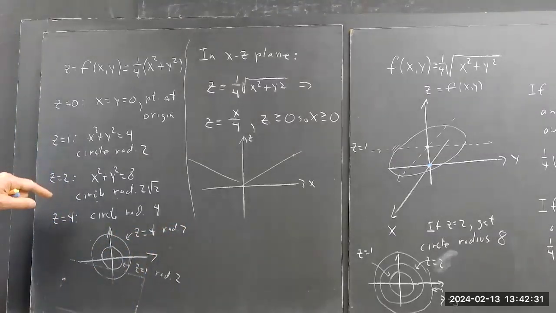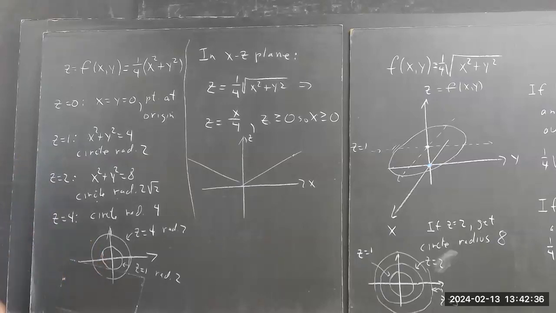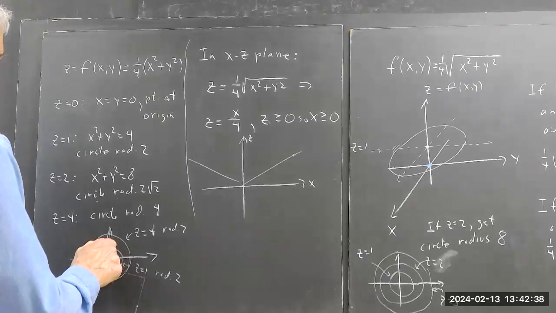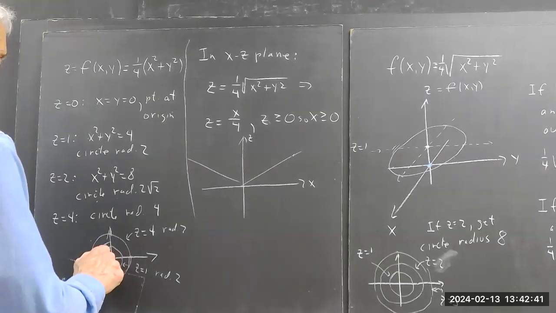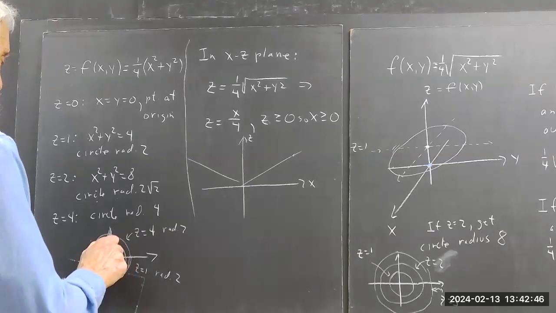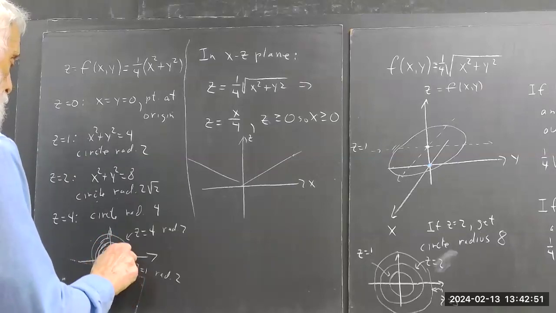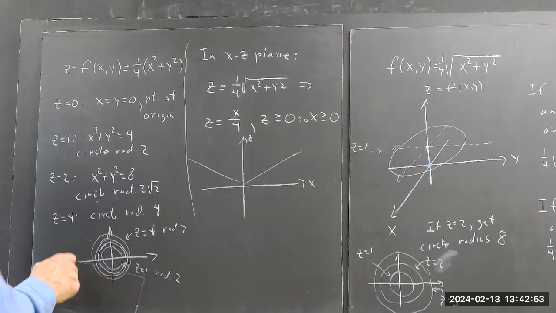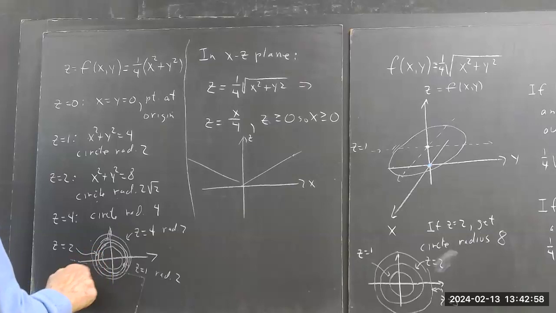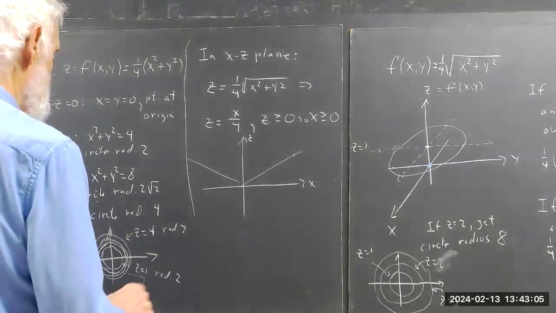And z equals 2 and 3 are smushed in here between these two. Z equals 2 has about 40% greater radius than z equals 1, and z equals 3 is even closer to this one again. Here's z equals 2. Here's z equals 3.